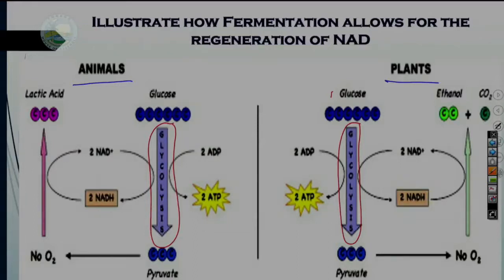For each 3-carbon molecule, we are going to be producing 2 moles of ATP, right? So in fact, we produce 4 moles of ATP, but since we invested 2 moles at the beginning, the net product from any breakdown of 1 glucose will be 2 moles of ATP.